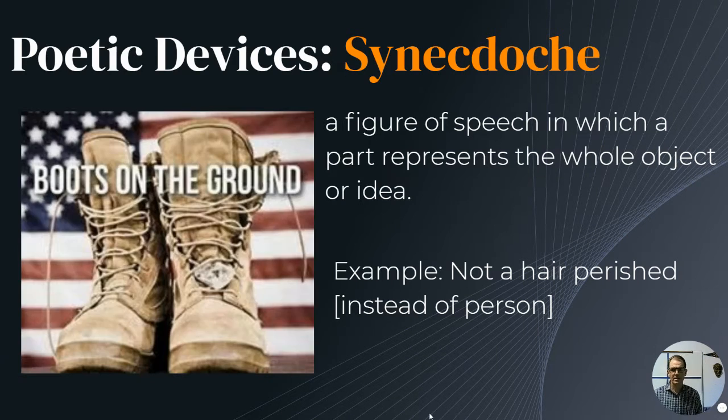Another example that you may have heard, when we talk about a military maneuver where we're putting people on another country's soil, we say there are boots on the ground. We're not just throwing a bunch of boots at this other country. That would be the strangest form of warfare ever, right? No, we're putting soldiers with their boots on the ground, but the boots represent the soldiers.